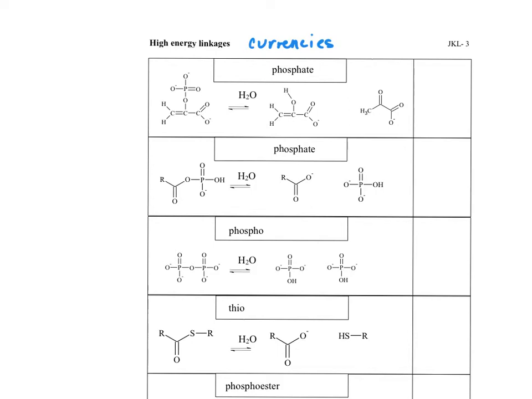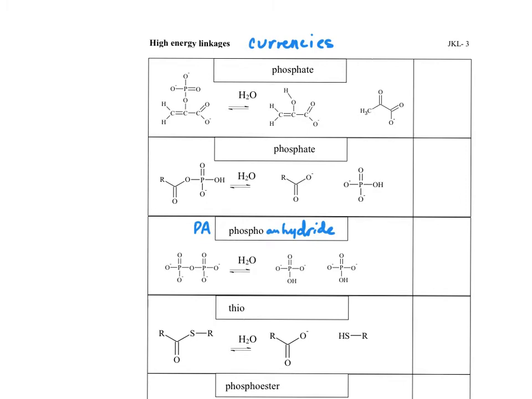Now remember, let's go to the middle here and note that on the previous page we said it was a phosphoanhydride, or a PA, that we're breaking when we split ATP into ADP and phosphate. So it's the phosphoanhydride that has some potential energy in it, and that we can then use if we break it.